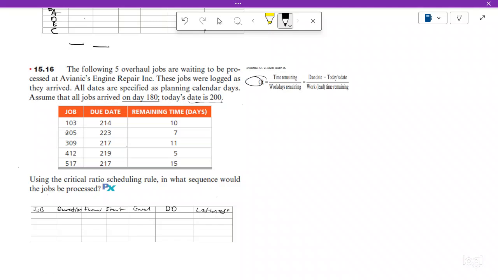Today's date is 200, and we want to find the critical ratios for job A. I also need to emphasize this: if this wanted first come, first served, you are going to use these numbers to sort out.